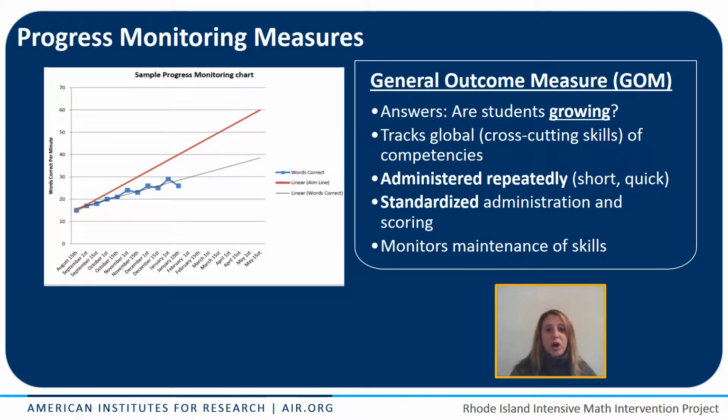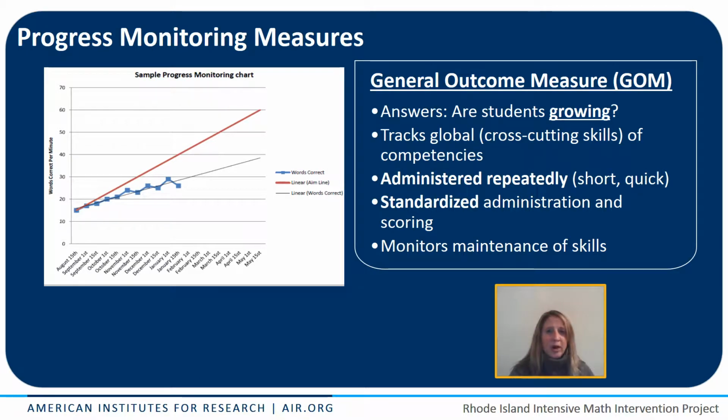When monitoring progress more formally, we often use general outcome measures, which answer the questions: are students growing? Are they making progress on global indicators of competencies or curriculum sampling, rather than just on one specific skill?